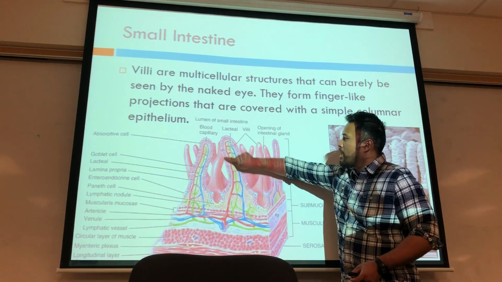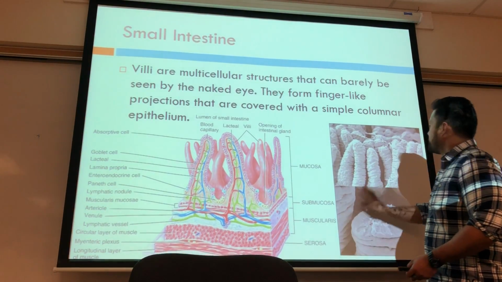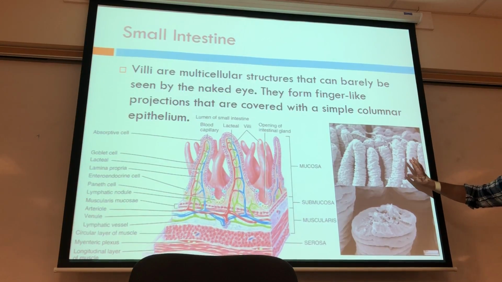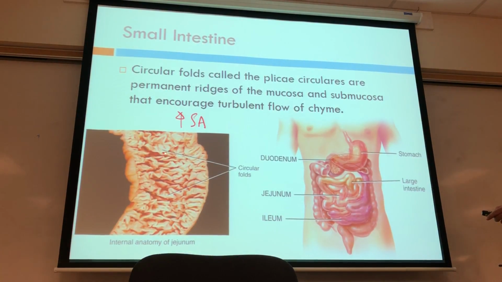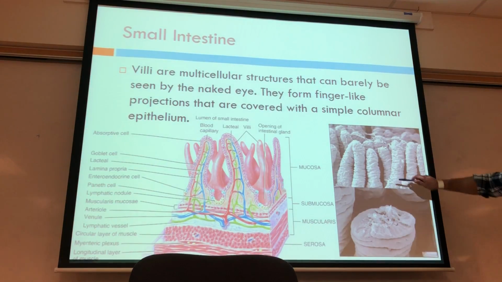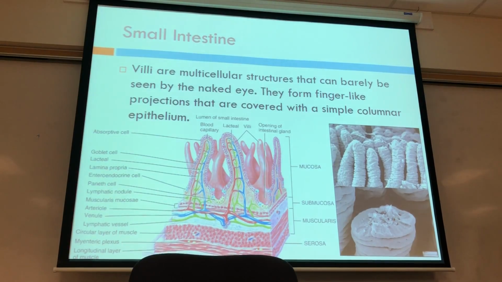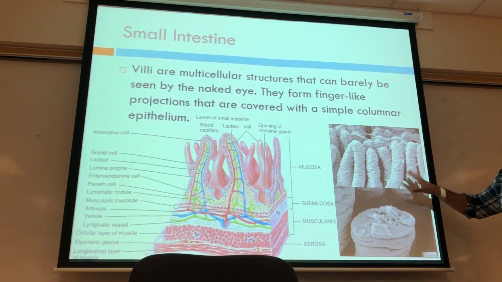They're all coming up and they create a bunch of little appendages that stick out on top of the plicae circularis. So here you see those folds on top. You see all these little, technically they call this the brush border. And that brush border helps, once again, increase the amount of surface area.